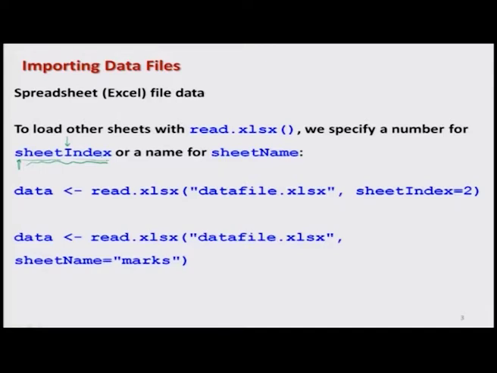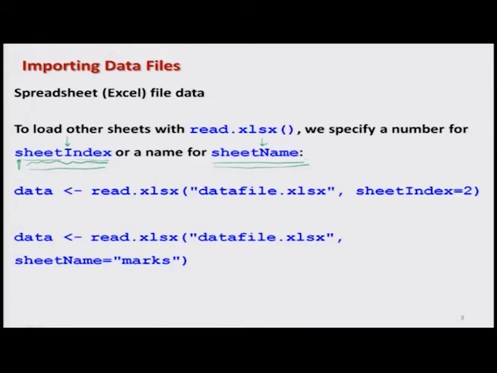Or I can use sheetName, where all letters except the capital N are in small alphabets. sheetIndex is used to specify the number of the sheet, and sheetName is used to specify the name of the sheet which we want to read inside that file.